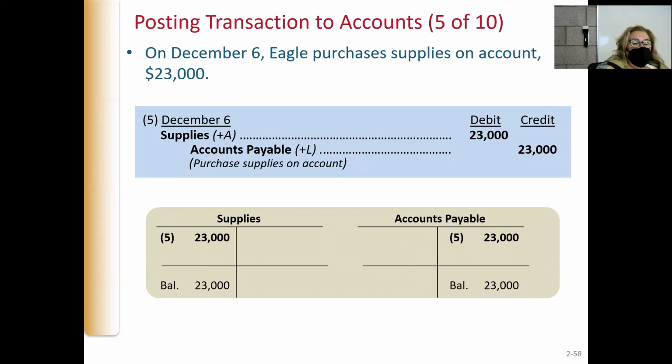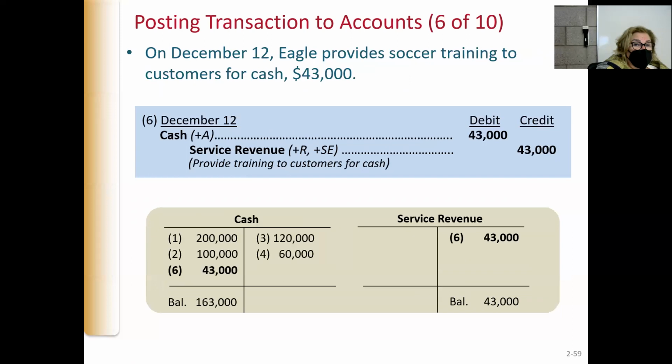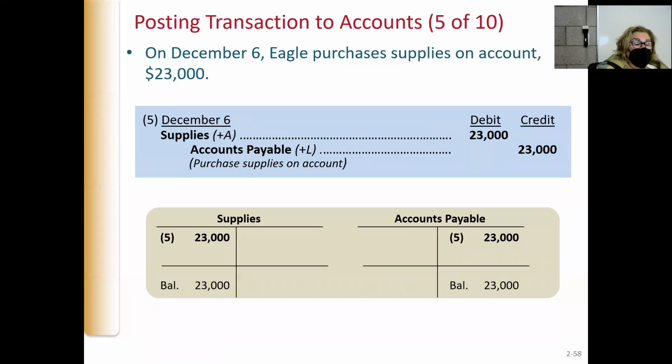On December 6th, Eagle purchases supplies on account. Supplies is an asset. It's increasing. That's why we debit it. We didn't pay cash for it.